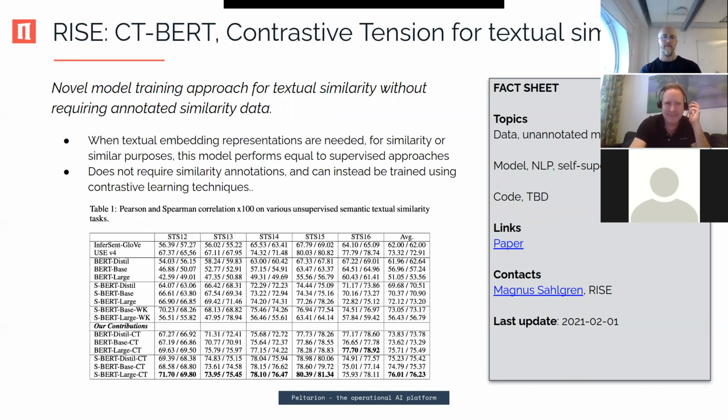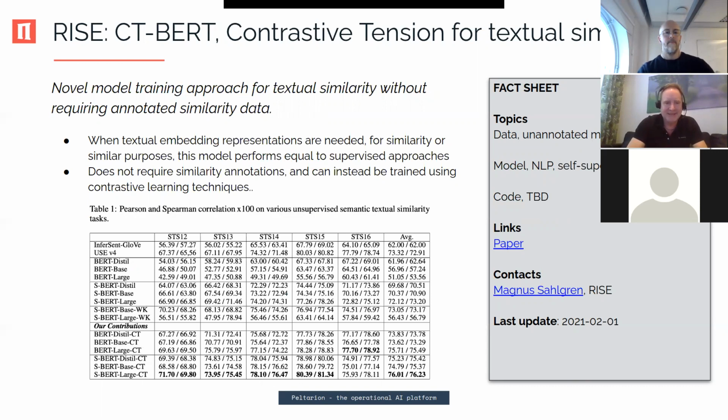Another awesome paper that is also hard to overstate how awesome it is, comes from RISE. They built a model called CT-BERT that can be trained to do textual similarity without requiring any annotated data at all, taking a contrastive learning approach.